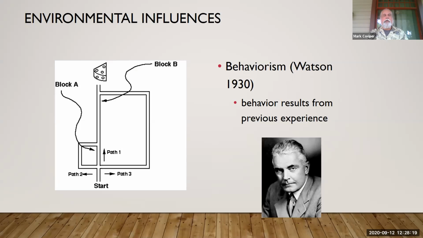And then we're going to just, again, kind of remind you of a couple others that come in here. Behaviorism: behavior results from previous experiences. And that was John Watson. So remember that experiment. And we had the video of Little Albert associated with this. So if you want to rewatch that, just to be sure you understand.